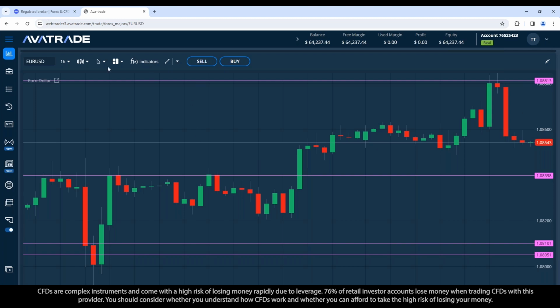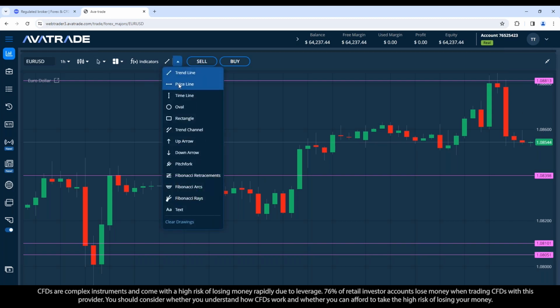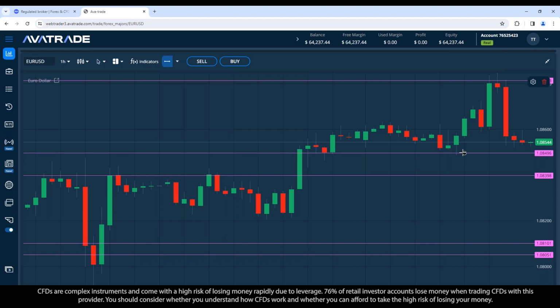So technically speaking, there's a support level here. It found support on the 1 hour candles, temporarily anyways, trying to bounce, but you can see it's having trouble really having a significant bounce at this point. And I think part of the reasoning there is the fundamentals are working against the euro climbing right now against the USD. But it's not much of a risk if you go with this signal.